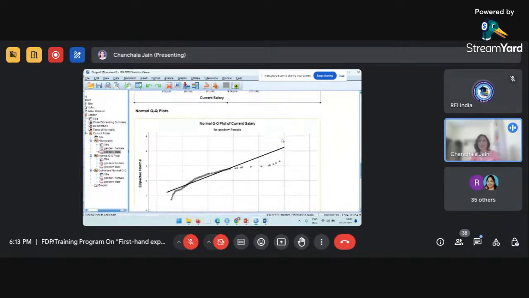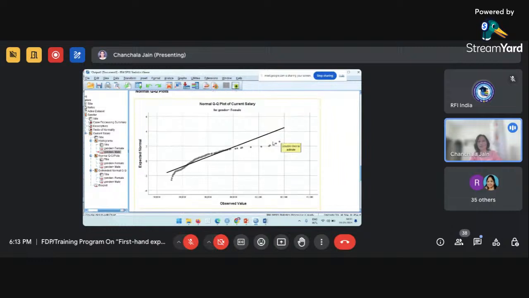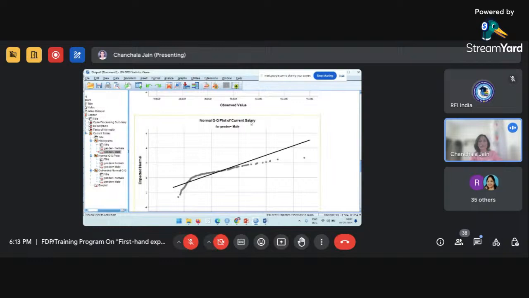In the QQ plot, you can see there is more deviation of the data points from the fitted line for the female data, right? Similarly, for the male data also, you can find there is deviation, right? Deviation is very high. So again, the QQ plot is also showing that data is not normally distributed.